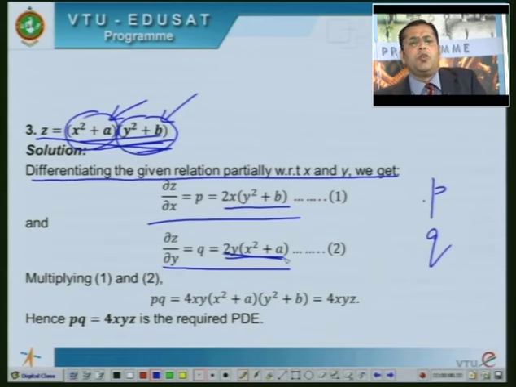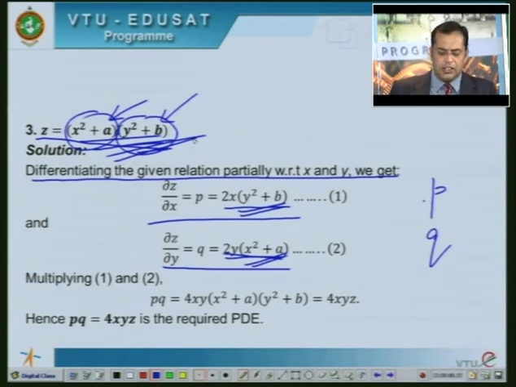Next, how to do the elimination? Observe that you have x square plus a and y square plus b present in both 1 and 2, and the same multiplication term exists in the given relation. So, it is obvious that you just have to multiply equations 1 and 2.